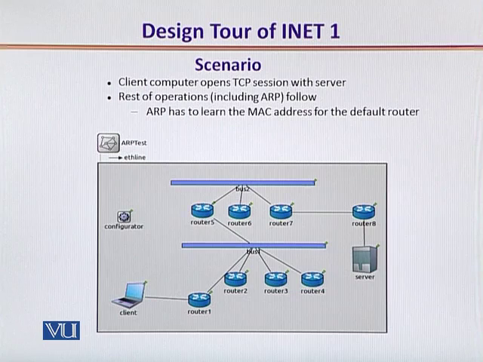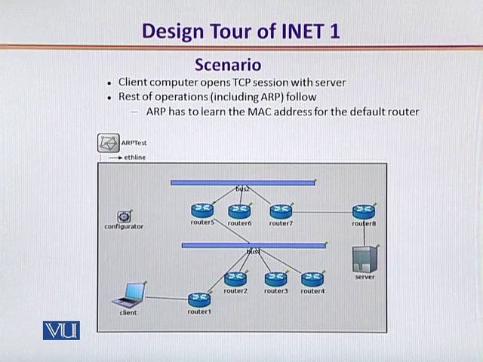The ARP protocol starts working when it is given an external trigger, which comes from the upper layers, that is, from the application layer, the transport layer, the network layer, and then the data link layer where ARP works. If we look at this scenario, we see that we have a client PC that wishes to open a TCP connection with the server.